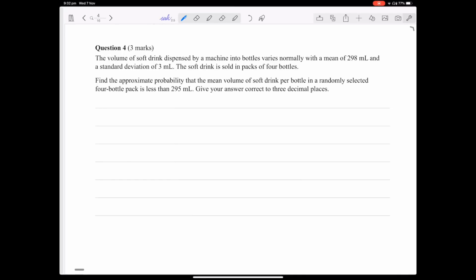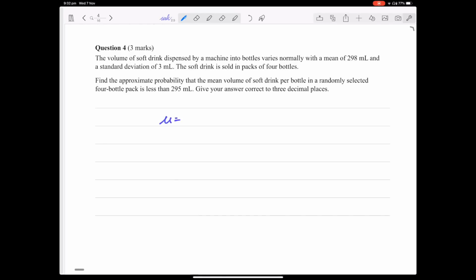Okay, the volume of drink dispensed into milk bottles varies normally with a mean of 298 and a standard deviation of 3. The soft drink is sold in packs of 4 bottles. Find the approximate probability of the mean volume of the soft drink per bottle in a randomly selected 4-bottle pack is less than 295 mils.